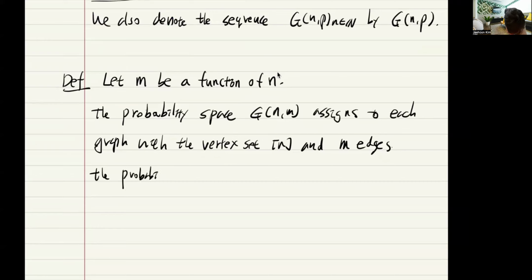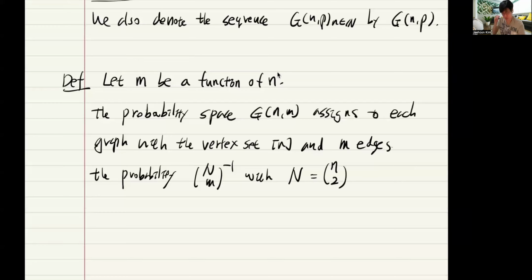The probability is N choose M to the -1, where this capital N is n choose 2. So that's as a labeled graph.